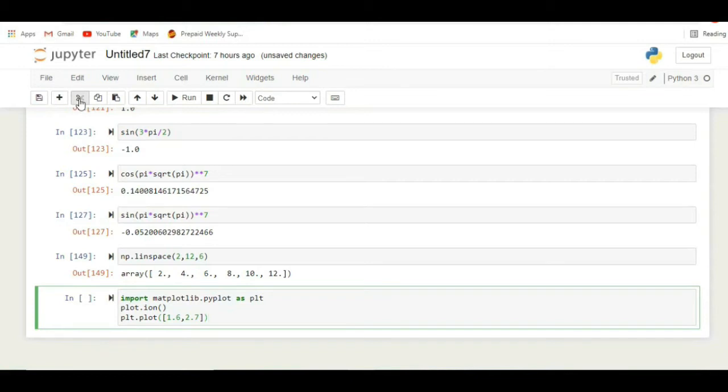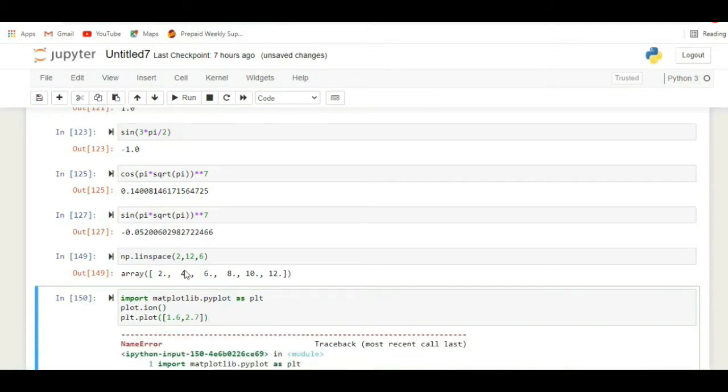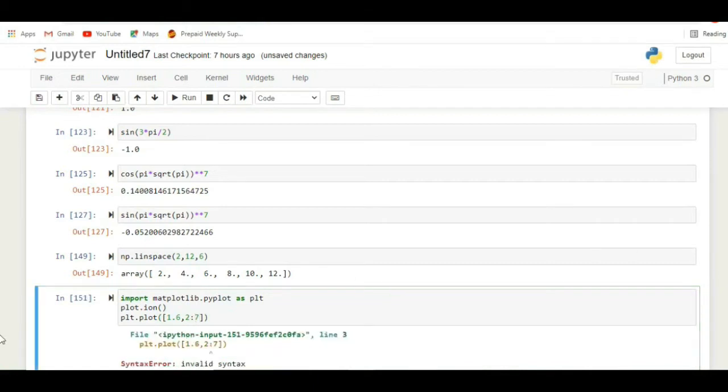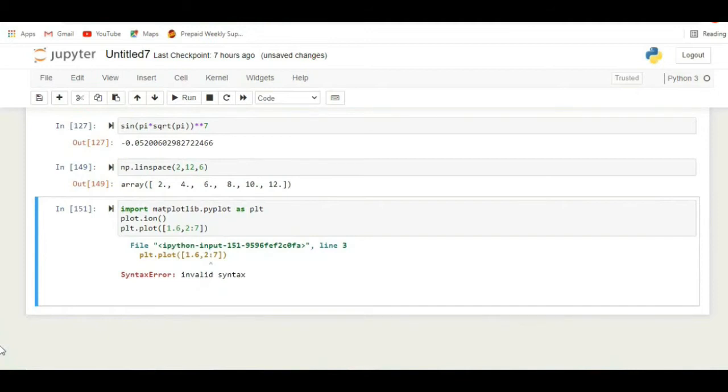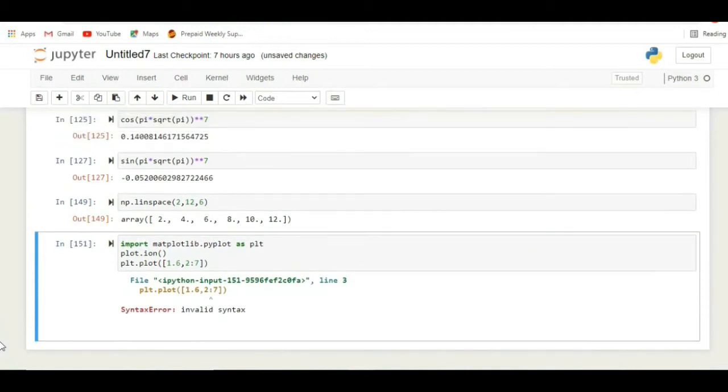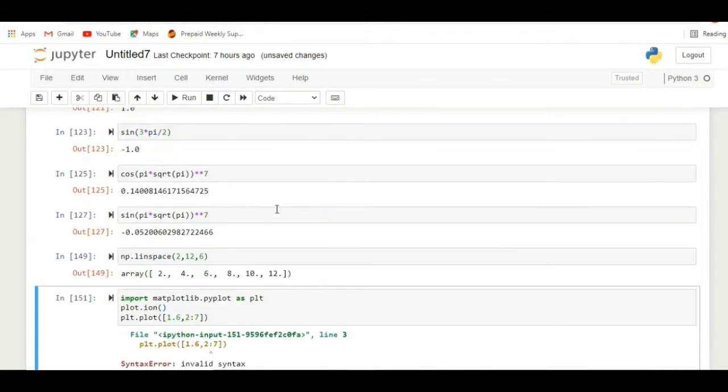Yes, we are getting an error. Where is the error? How do we reduce this error? Okay, it should be plt.